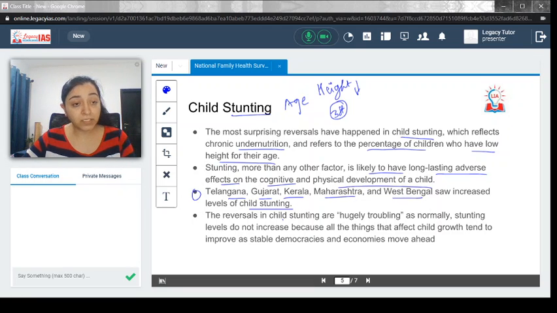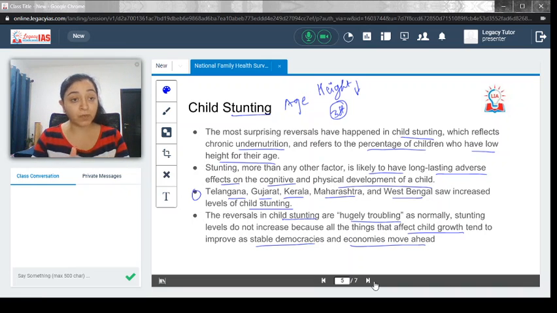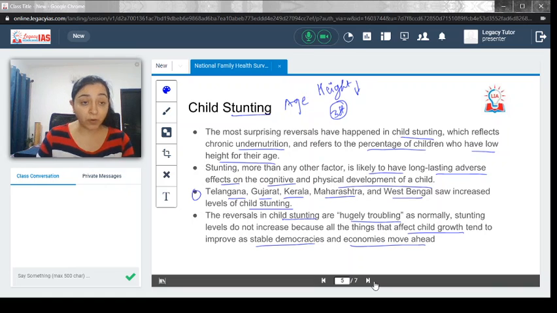This reversal in child stunting is hugely troubling, as normally stunting levels do not increase, because all the things that affect child growth tend to improve as stable democracies and economies move ahead. So as a country moves towards a better economic state and a more stable political system, these parameters should improve and not decrease. This is troubling from the perspective of the policymakers also.